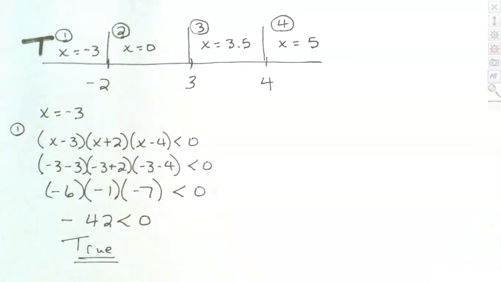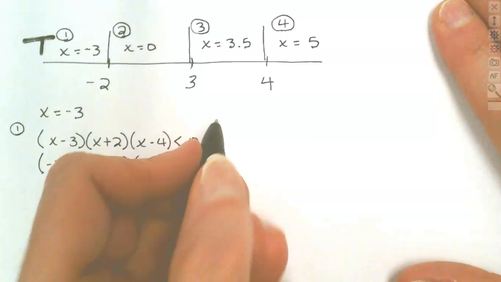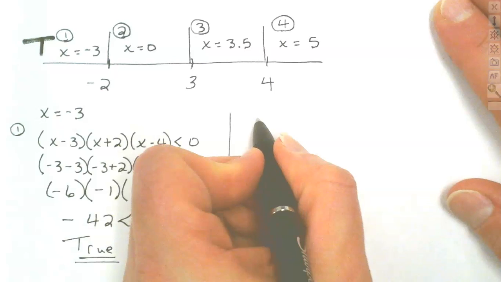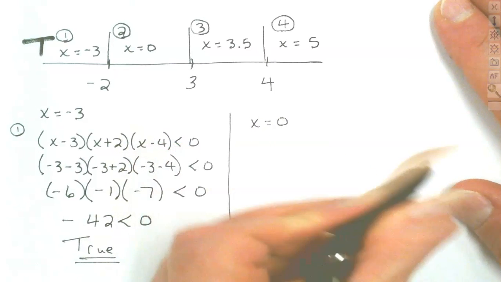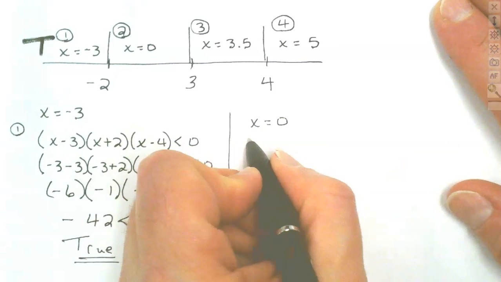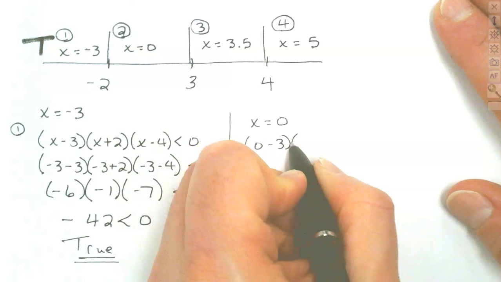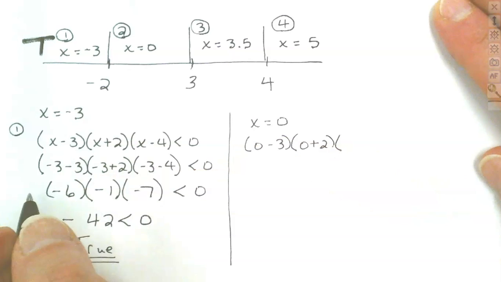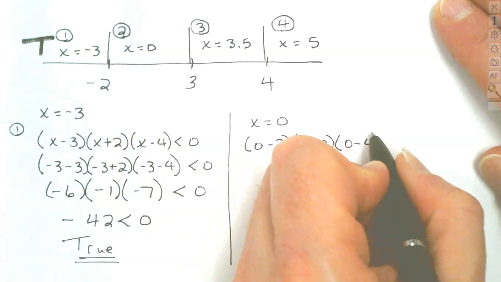Repeat the process for all 3 regions, or sorry, all 4 regions in this case. So let's check x equals 0. And that is then 0 minus 3, 0 plus 2, 0 minus 4.